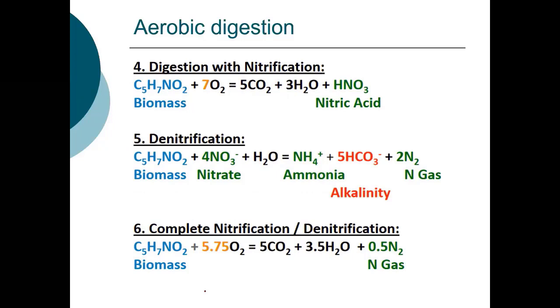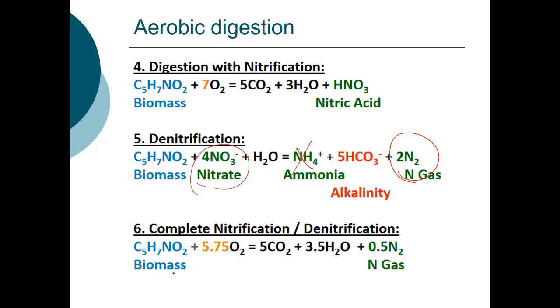4 is denitrification. And here what we're doing is we're taking this nitrate that we produced previously, and we want to convert this to nitrogen gas. Ideally, we don't want ammonia. We want a complete conversion to nitrogen gas.